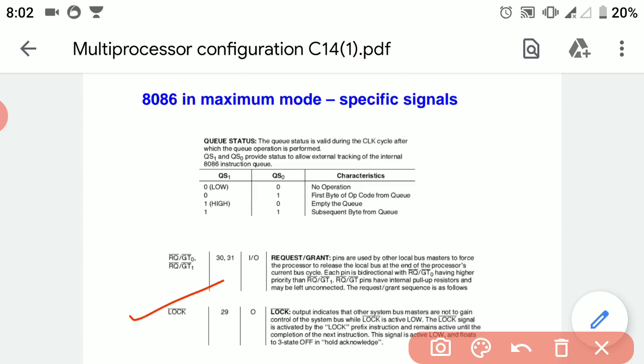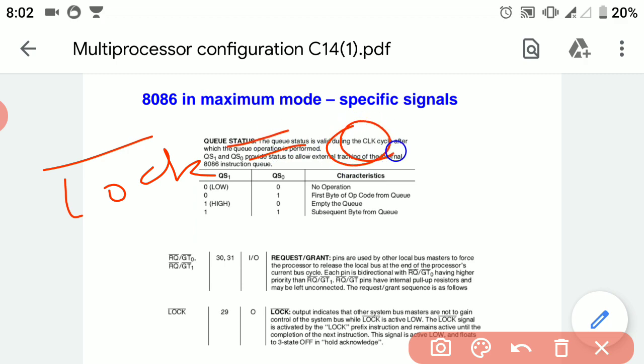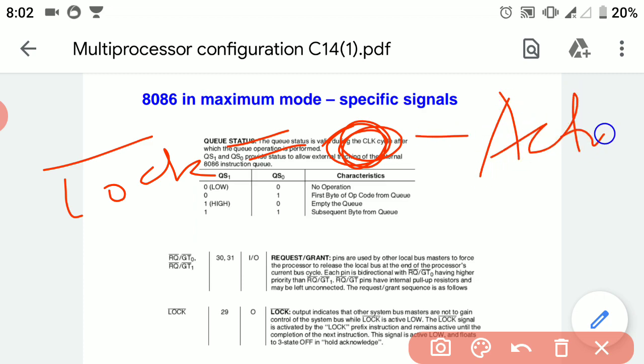The next is the lock pin. This is pin number 29 of the 8086 processor. This lock pin is activated if this pin is at the low state.